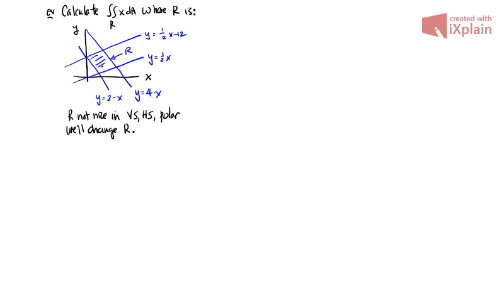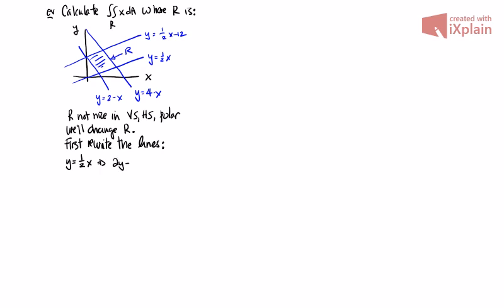The way to see that for this particular example is, first I'm going to rewrite the equations of the lines that bound R. In the order that we gave them, first we had y equals 1/2 x. I'm going to multiply by 2 and subtract the x.